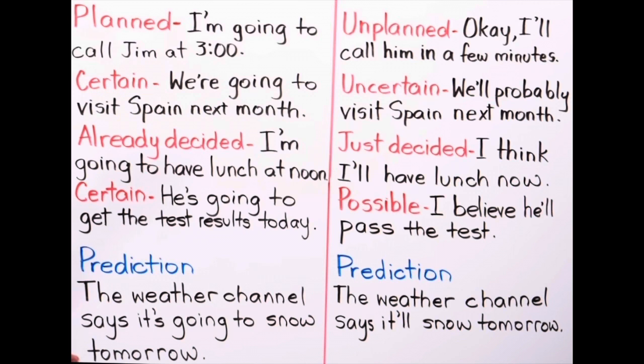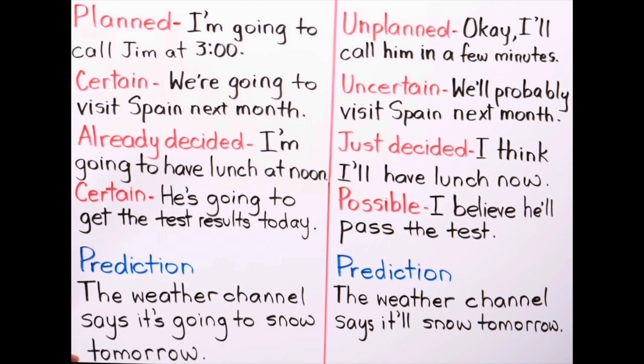With going to, already decided. I am going to have lunch at noon. With will, just decided. I think I'll have lunch now. With going to, certain. He is going to get the test result today. With will, possible. I believe he'll pass the test.